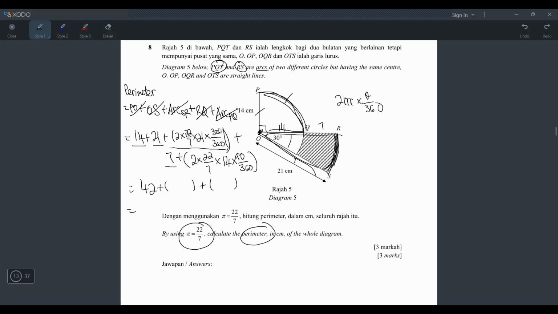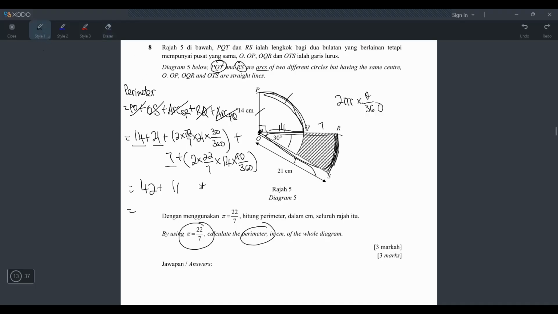So let's press this first. I will tell you how I will press this. I will press 2 times 22 divide 7 times 21 times 30 divide 360. I just press my calculator and my calculator gives me 11. So I write 11. And then here also I press 2 times 22 divide 7 times 14 divide 4, because times 90 divide 360 means divide 4, so 22.